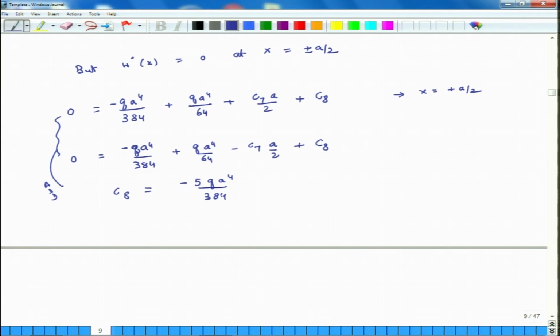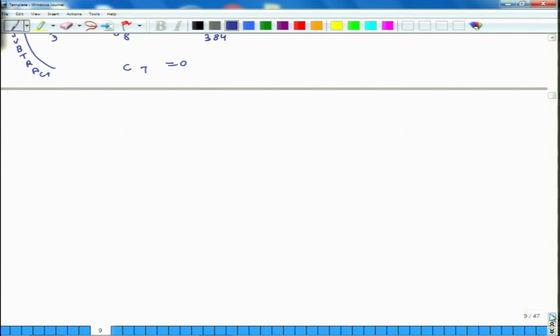Okay. And if you subtract these, you get C7 equals 0. We get the relation for W as this.